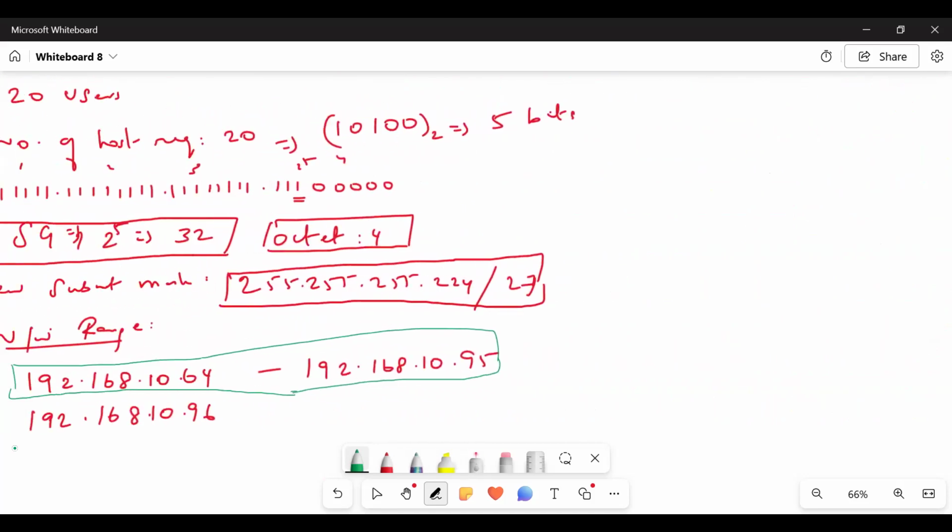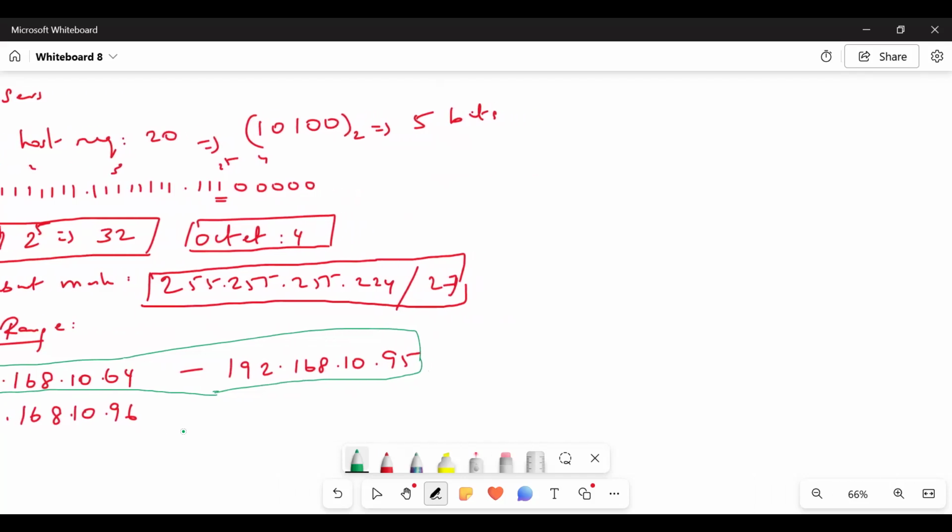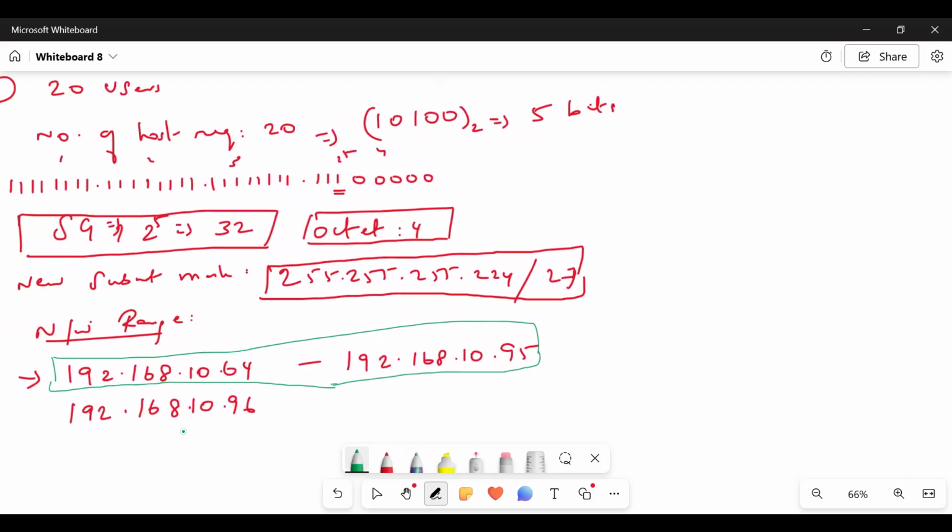Here we have got the next starting address. For the next 20 users, you should add one more 32 to the 96.